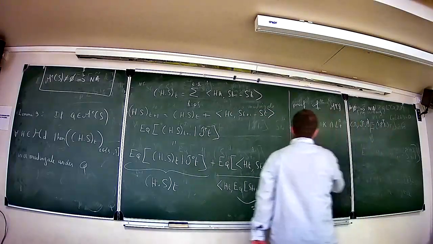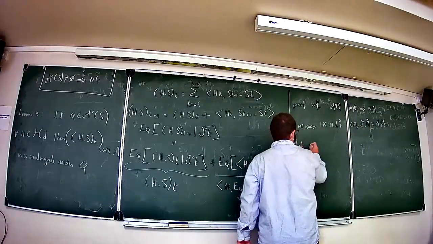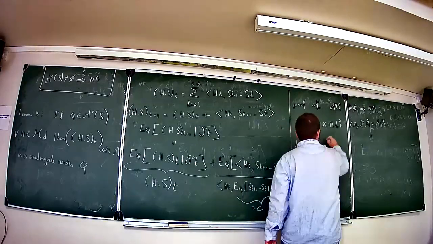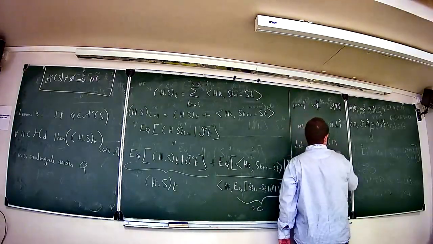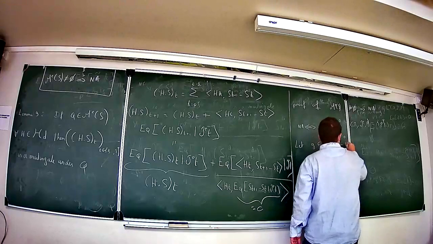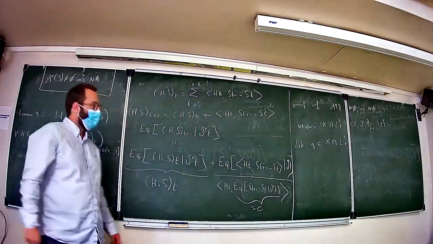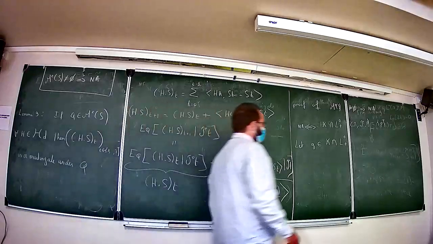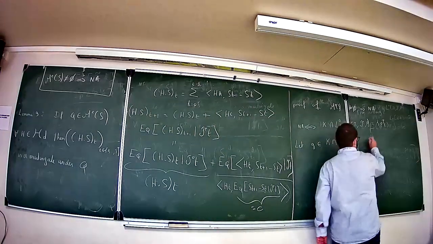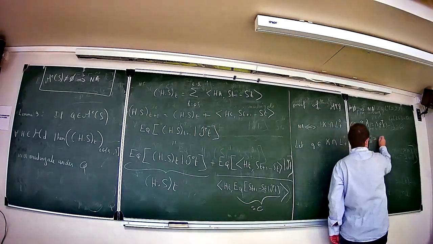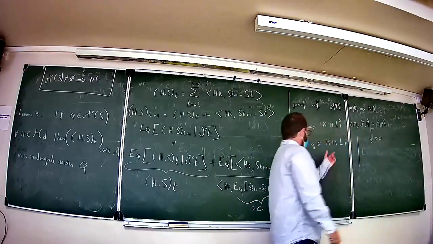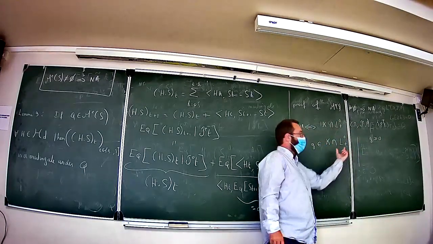Okay? So let J belong to calligraphic K intersecting with L0 plus. So I have two things. I have the fact that J is positive, P almost surely, because it belongs to L0 plus.